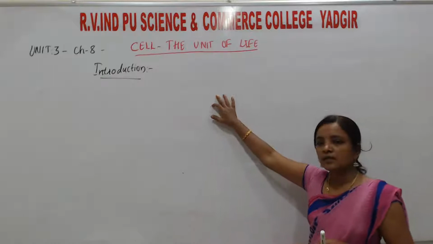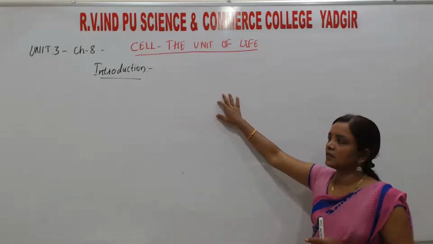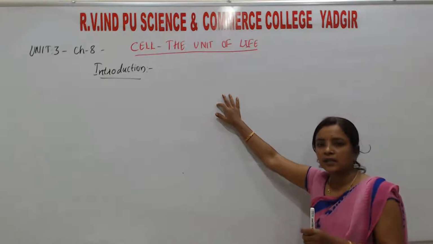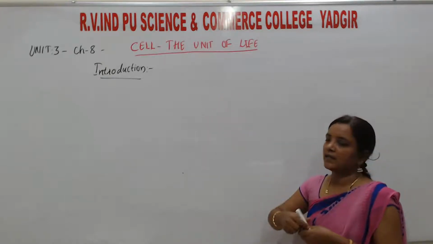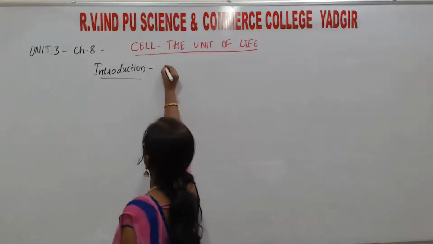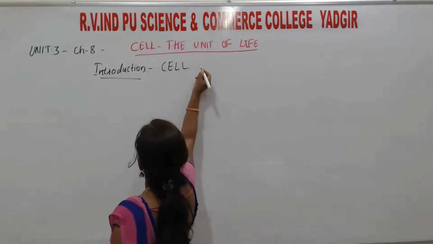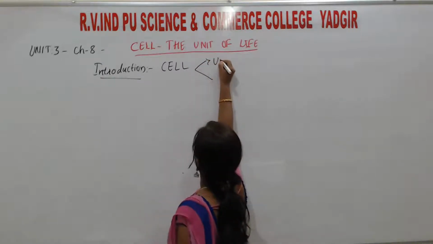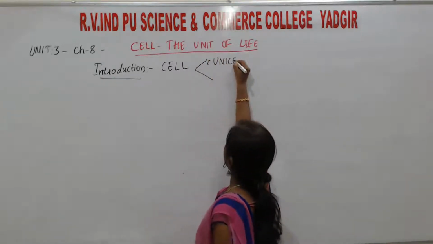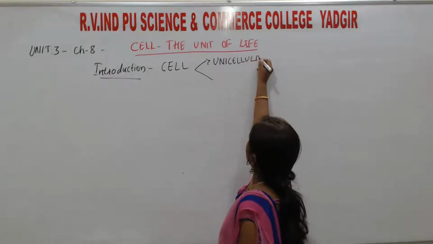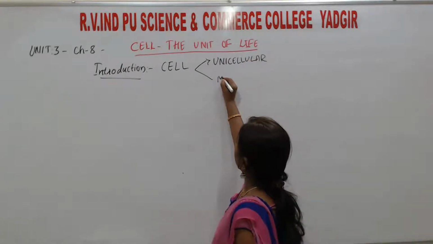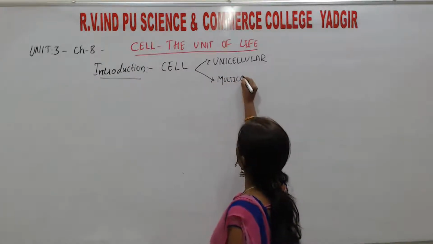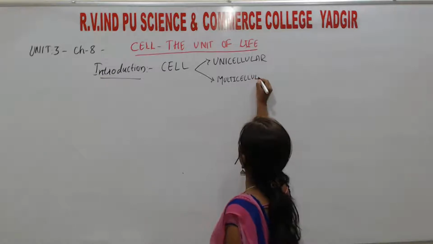Right? So here the cell is a very important character present in living organisms. Cells are present in all living organisms, either in the form of unicellular or in the form of multicellular.